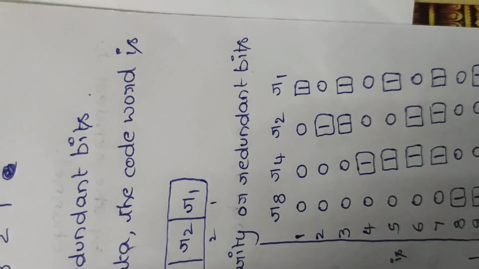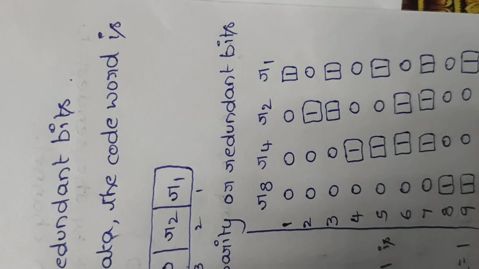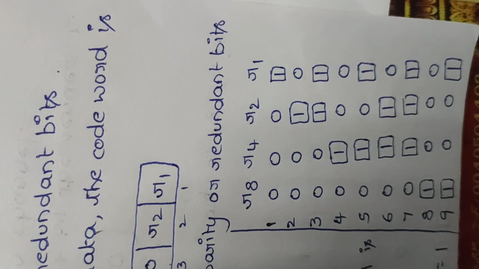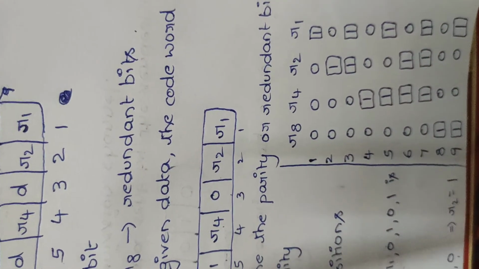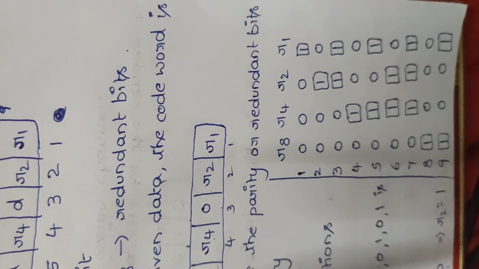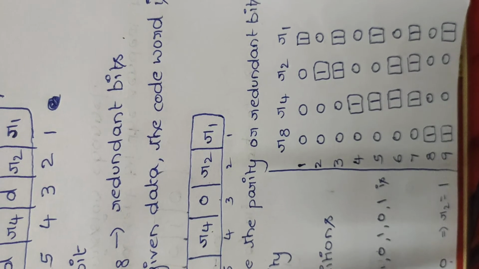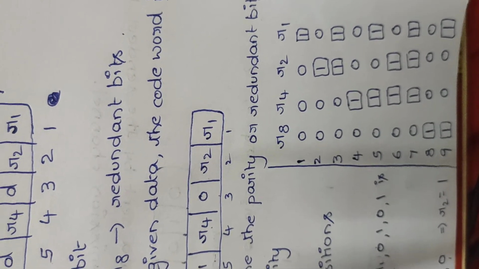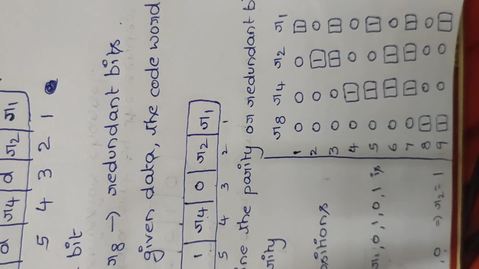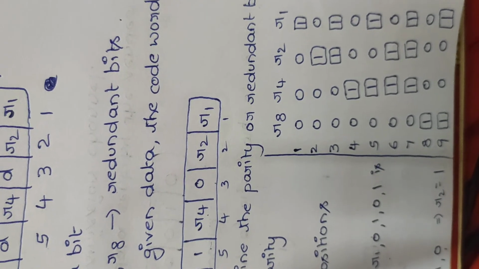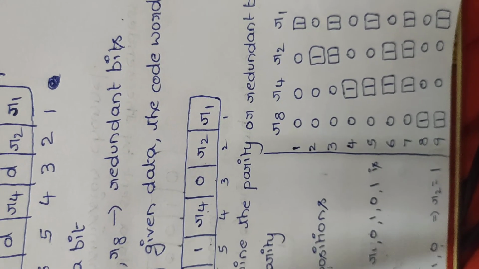This is the table: R1, R2, R4 and R8. We have 9 positions, and in those 9 positions we write down the binary values 0 0 0 1, 0 0 1 0, 0 0 1 1, 0 1 0 0, like that up to 9 we need to write the values.